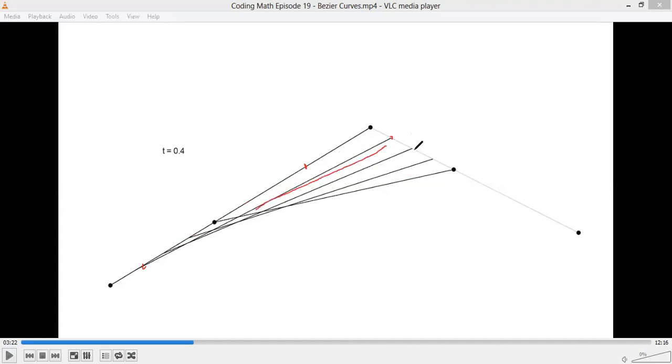For the next incremental point, the point is shifted here and from here to here. So when we connect this, we are going to get this particular line, right? So these are the small changes that are happening for every value of the control points that we are doing.